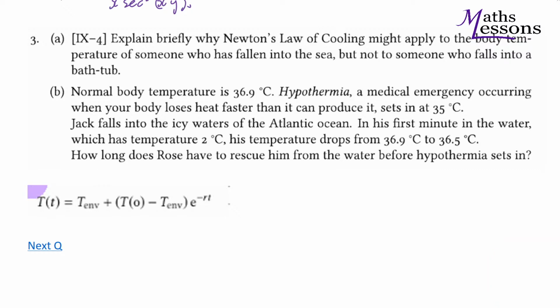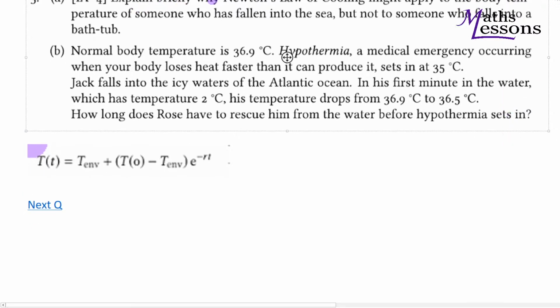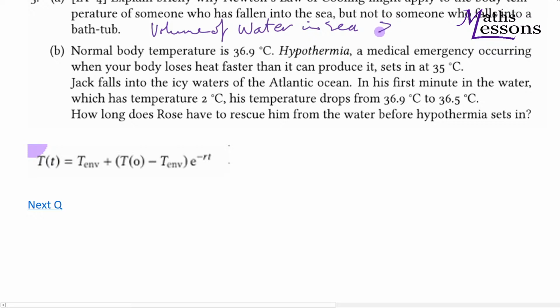Right, hopefully that was enough time for you to have a good go at that question. So, explain briefly why Newton's law of cooling might apply to the body temperature of someone who's fallen in the sea, but not someone who falls in the bathtub. I think it would be the case of the volume of water being the main factor. The volume of water in the sea is much greater than in the bath, so that will have a greater effect on your body temperature.